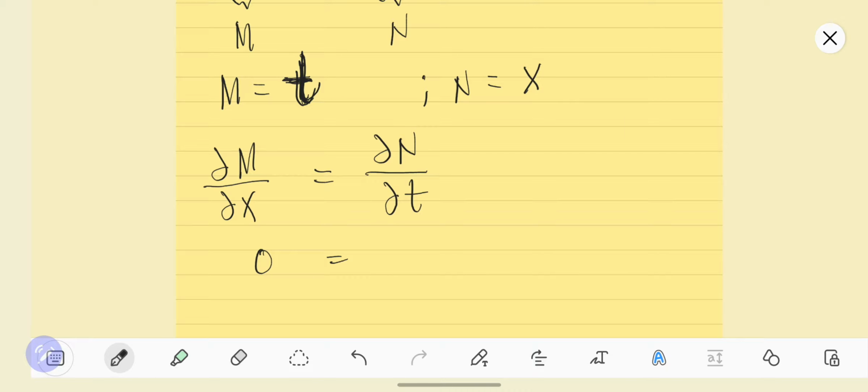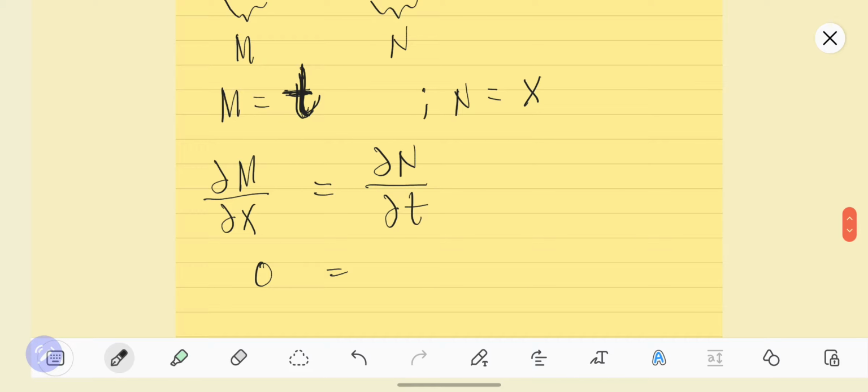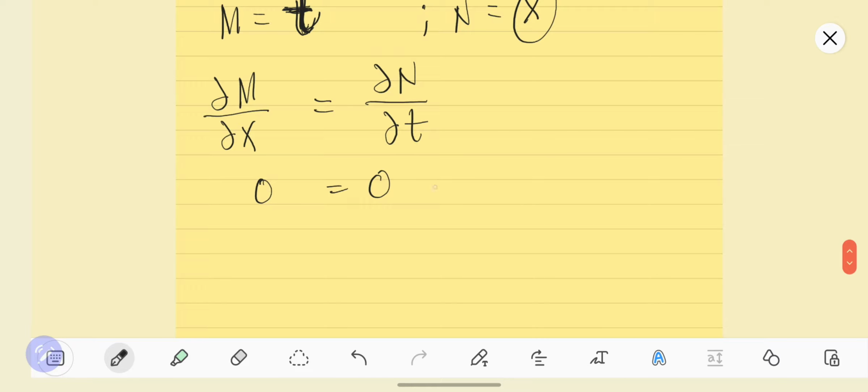Next, the derivative of N is the derivative of x with respect to t, and we can consider x a constant again, so this becomes 0. Hence 0 equals 0. Therefore, we can conclude that this is an exact differential equation.